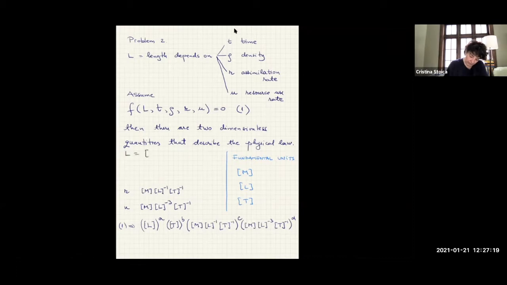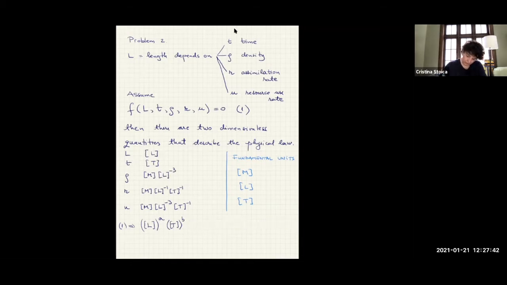So this is L, length. T is time. And let's put rho. Rho is density, so density is mass per volume. Now I can correct this one.